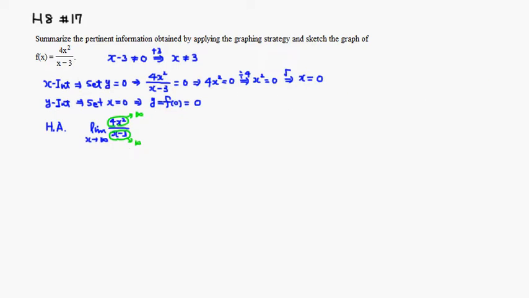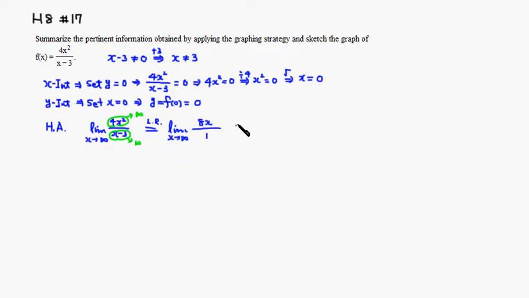We just learned how to use L'Hopital's rule, so maybe we should use it here. We apply L'Hopital's rule. Then you have the limit as x approaches infinity. The derivative of 4x squared is 8x, over the derivative of x minus 3, which is 1.